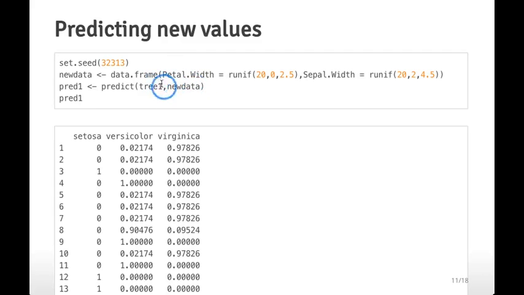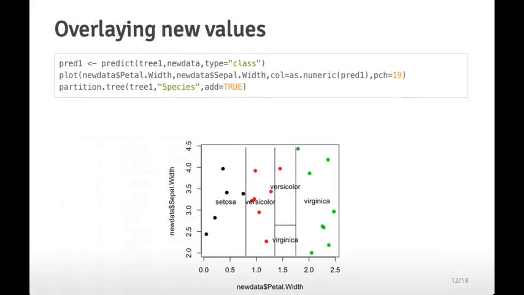If I look at the predictions, it reports the probabilities of being in each of the particular species given that data set. So for data point 1, it has probability 0.97 of being Virginica and 0.022174 for being versicolor and so forth. You can then calculate a prediction value for each data point and plot them similarly to what we plotted before.